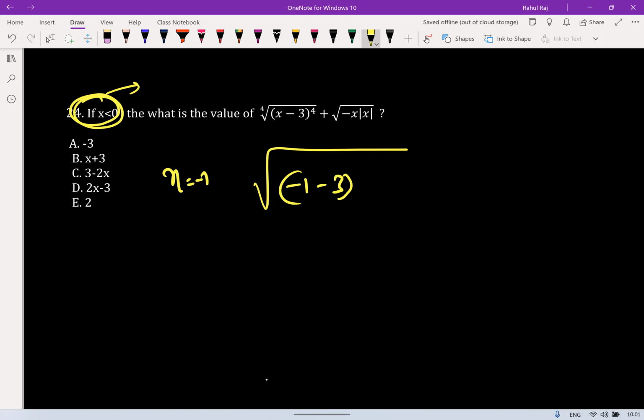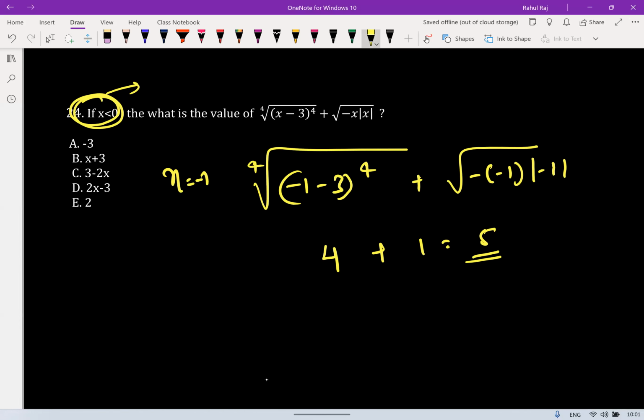One second, I think I've done half the question somewhere else. -4 to the power 4 is 4, and this 4 cancels out. It is 4, and this is 1, that is 5. Right? If you put -1 in option number C, you will get 5. Check it out.